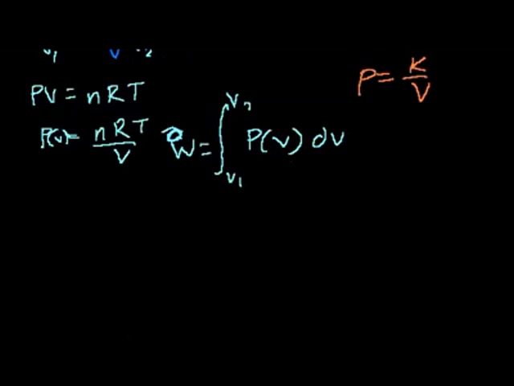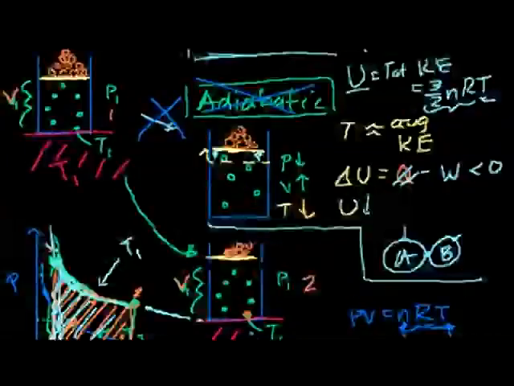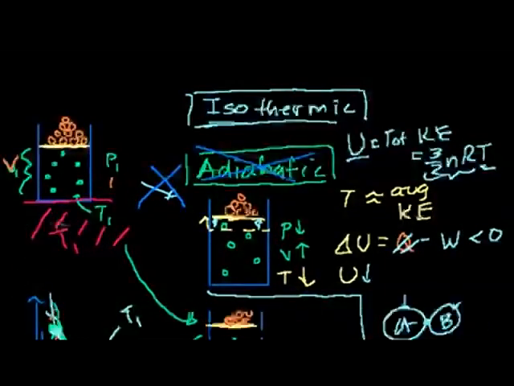So what's P as a function of V? So work done is equal to the integral from V1 to V2 of nRT over V times dV. Now, this was our simplifying assumption. We said we're sitting on top of a reservoir, and this reservoir keeps our temperature the same the whole time.